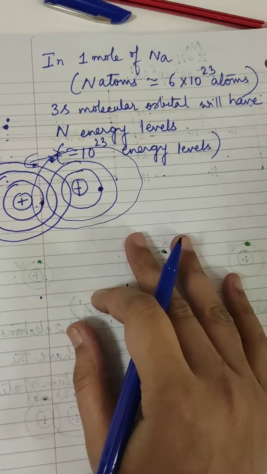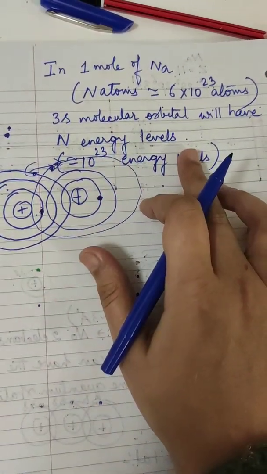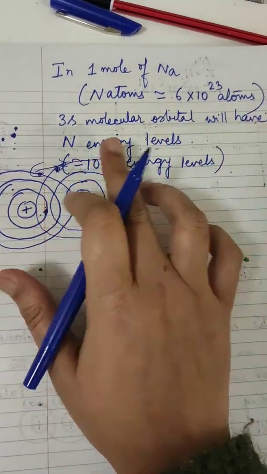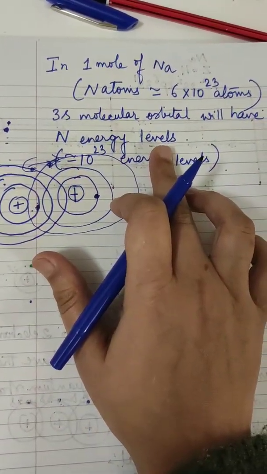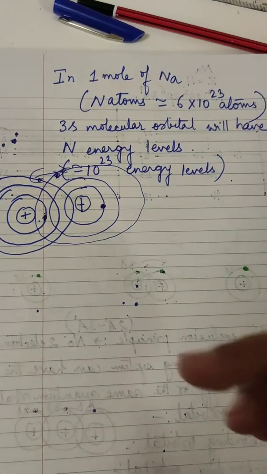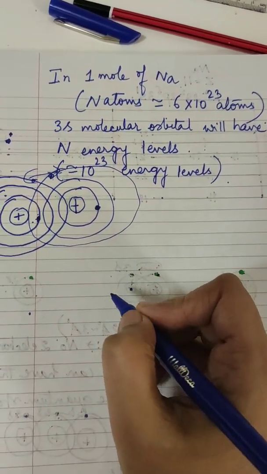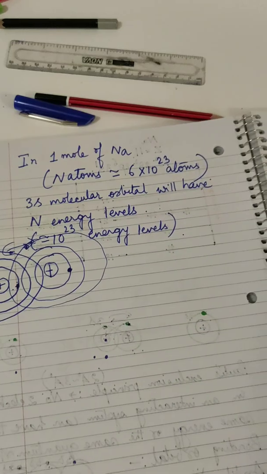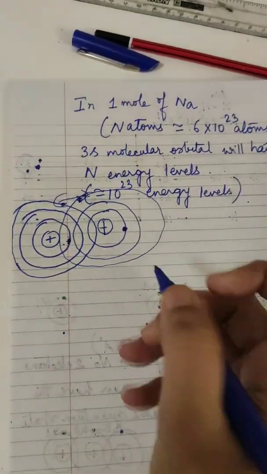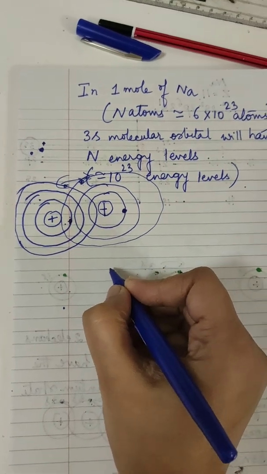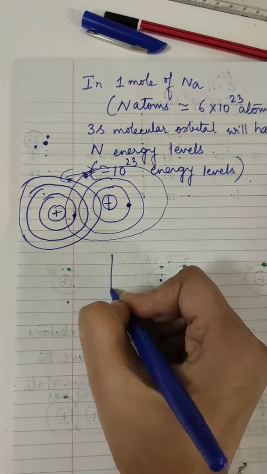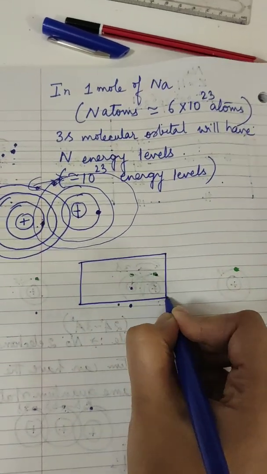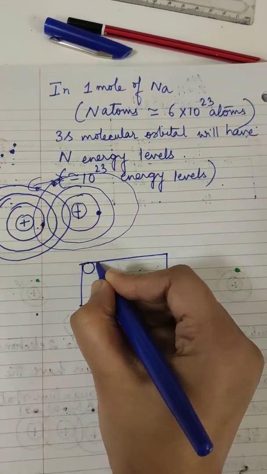So it's actually the 3s orbital that will have n energy levels. Up to this, I hope it is clear. The 3s molecular orbital will split up into n energy levels. Now, I'm taking a crystal lattice consisting of n atoms, and each atom has its own position.